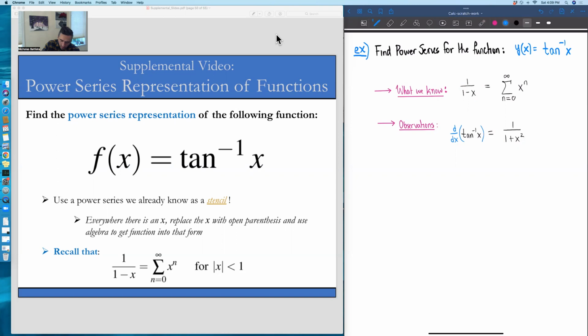So the first one was making this observation that the derivative of arctangent is 1 over 1 plus x squared. The next observation for us is going to feel very similar, but it's going to basically say, hey, how can we actually get a relationship for our function 1 over 1 plus x squared and arctangent directly?